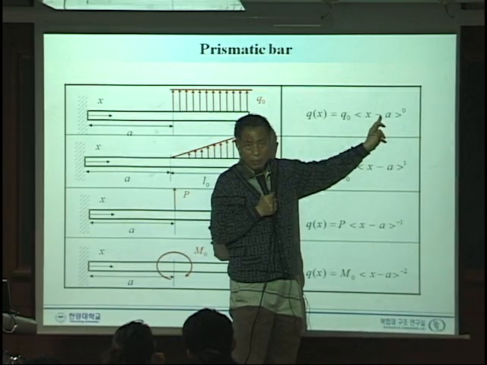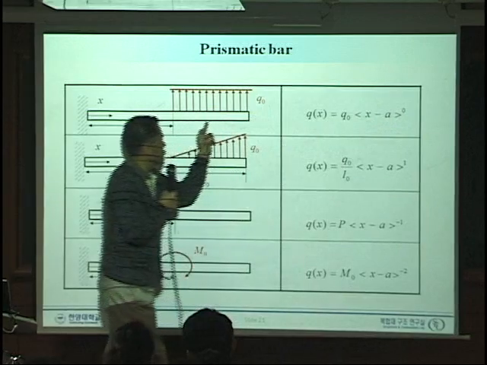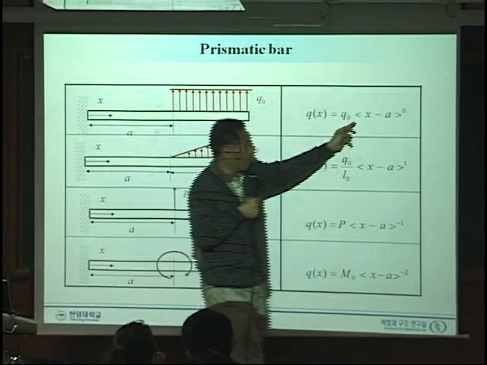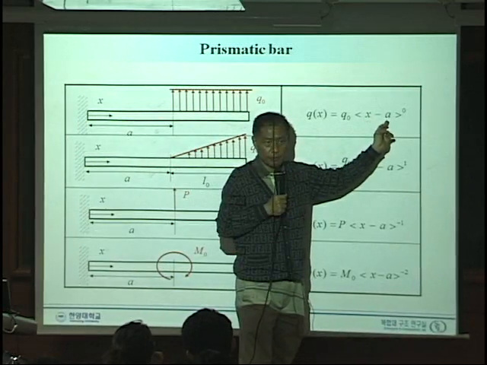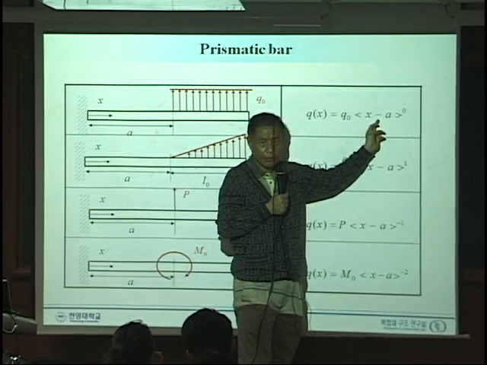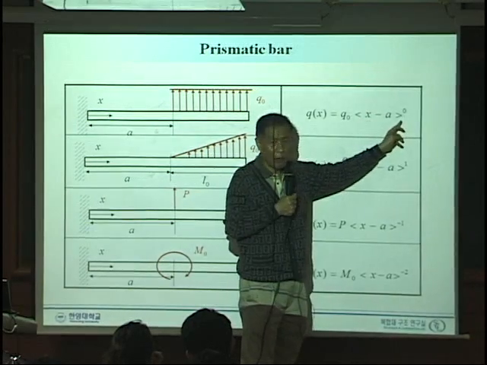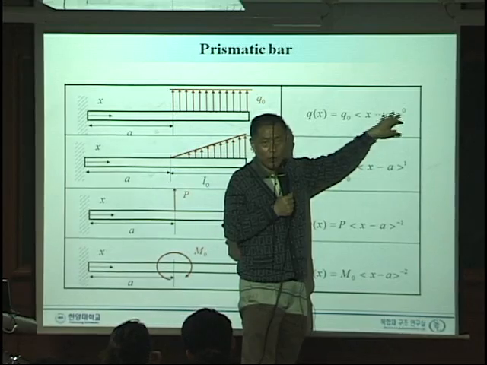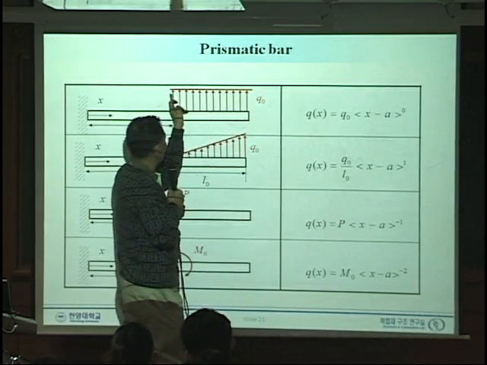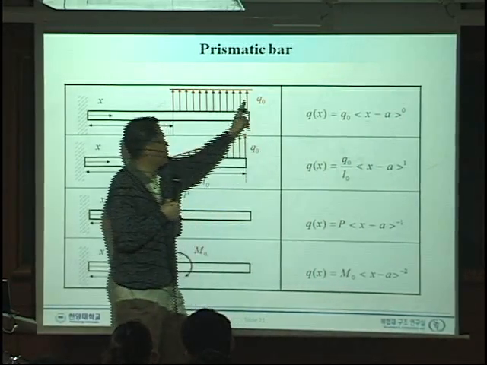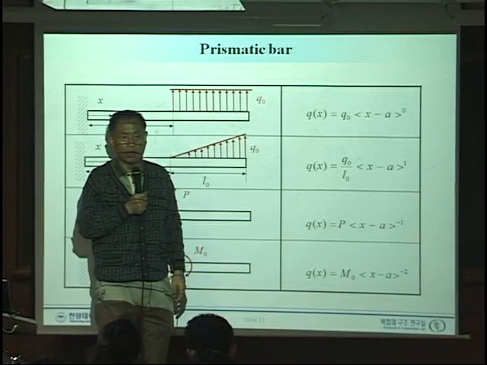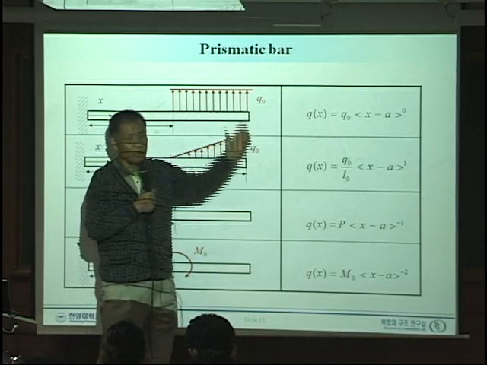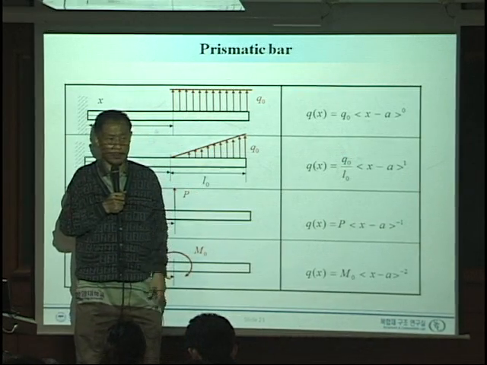If x is greater than a, then this term will be just a regular parenthesis and 0 power means what? Exactly, 1. 1 times q0 will give us q0. Okay? So this definition will be useful to express this kind of discontinuous function.